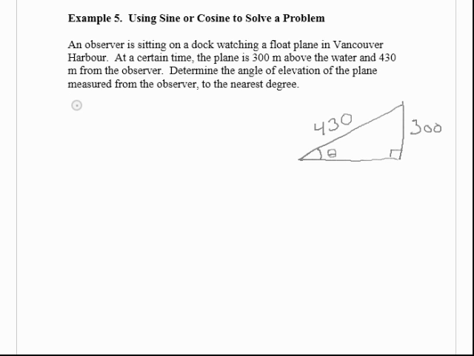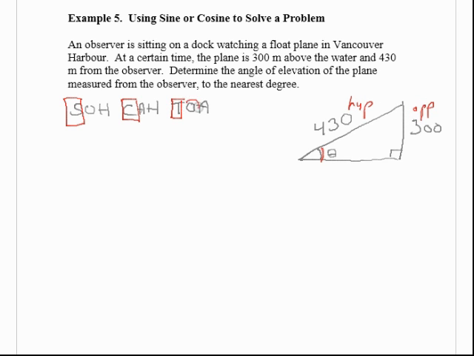We're going to use our writing out SOH CAH TOA thing. We're asked to find the angle, which means we need to find either sine or cos or tan. Any of those will do, and then we just work backwards to get the angle. For angle theta, we know the opposite and the hypotenuse.